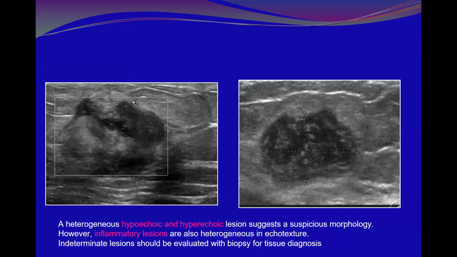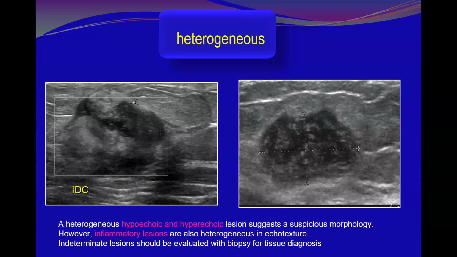within this group of hyper and hypo echogenicity are the inflammatory lesions. This patient had invasive cancer, and this one was granulomatous mastitis. Look how similar they are, both heterogeneous.